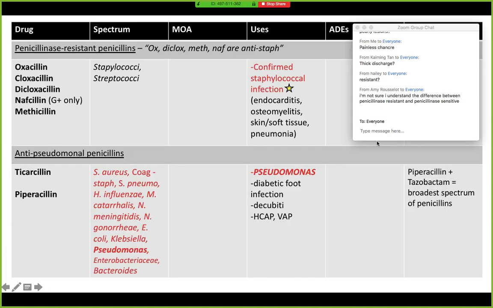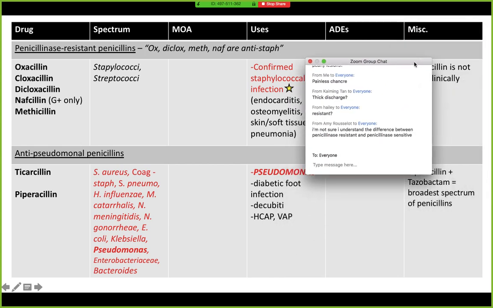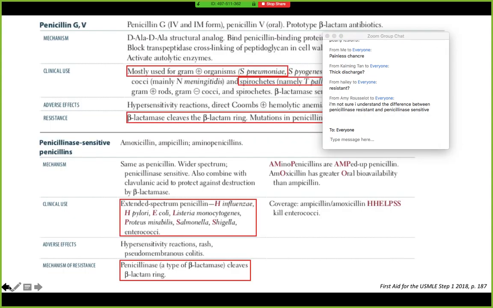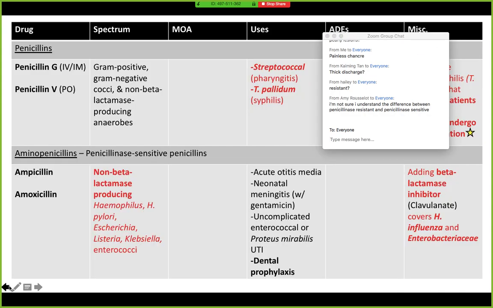I'm not sure I understand the difference between penicillinase resistant and penicillinase sensitive. Let me back up here. If something is sensitive to a penicillinase, just replace the word penicillinase with beta-lactamase.